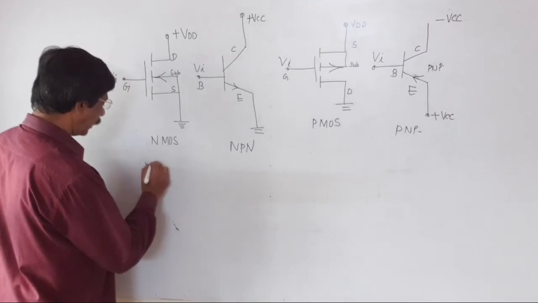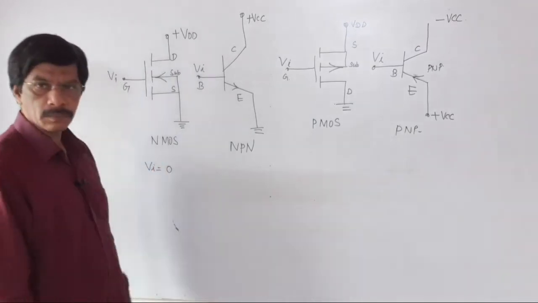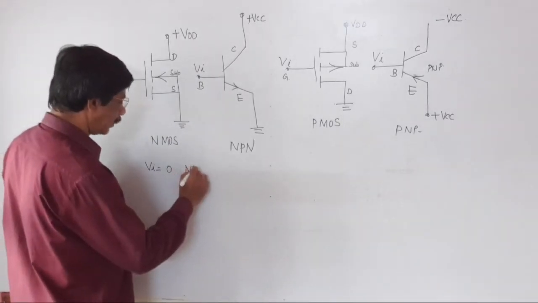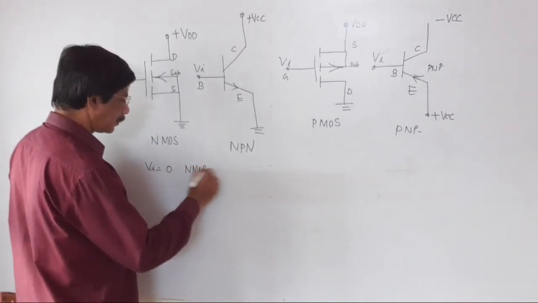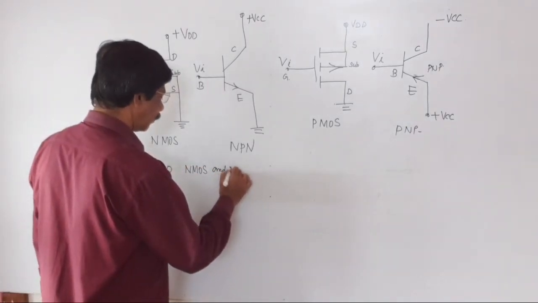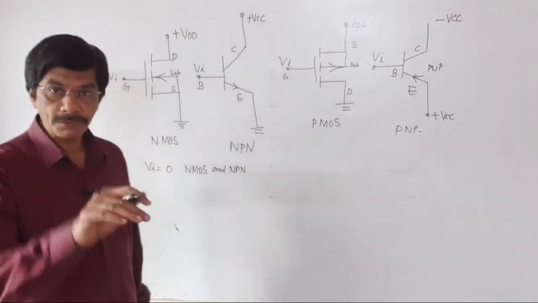When Vi is equal to 0, input is 0, the NMOS transistor and NPN transistor both are in off condition.